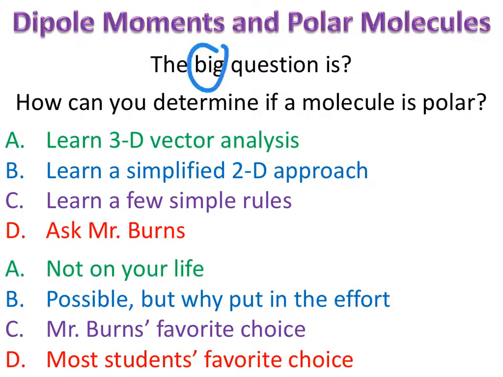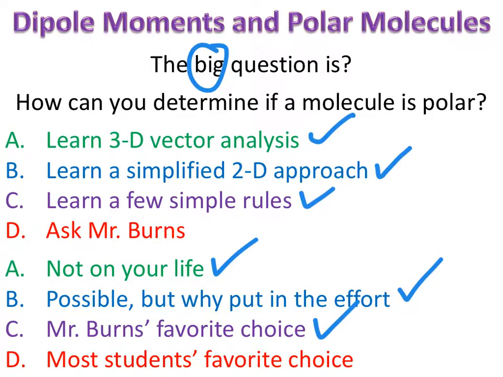So the big question is, how can you determine if a molecule is polar? You can learn 3D vector analysis, but as I say down here, not on your life. Learn a simplified 2D approach. Well, we could, but that actually takes a little bit more effort. Learn a few simple rules.